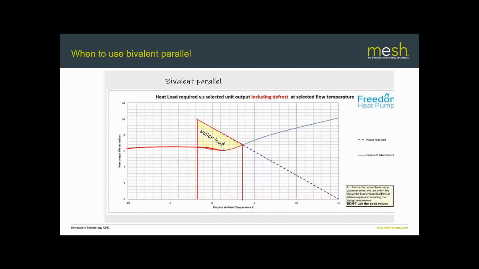So that's the output you'll get at different temperatures. Then you've got this black dotted line that runs down here, and that is the heat demand of the building. You'll see that for this particular building the design temperature is about -2 degrees, which would be typical for the south of England.